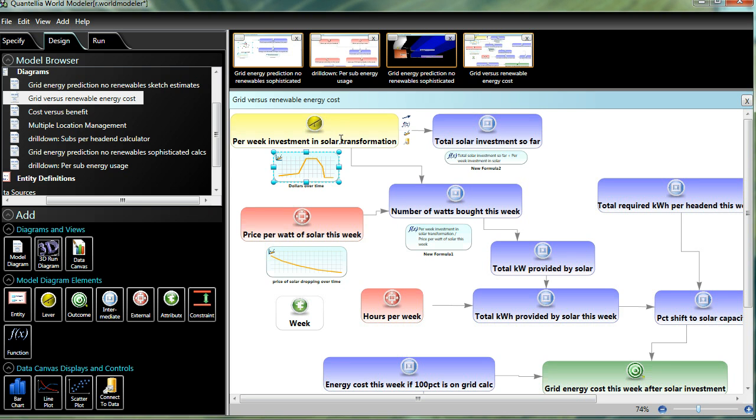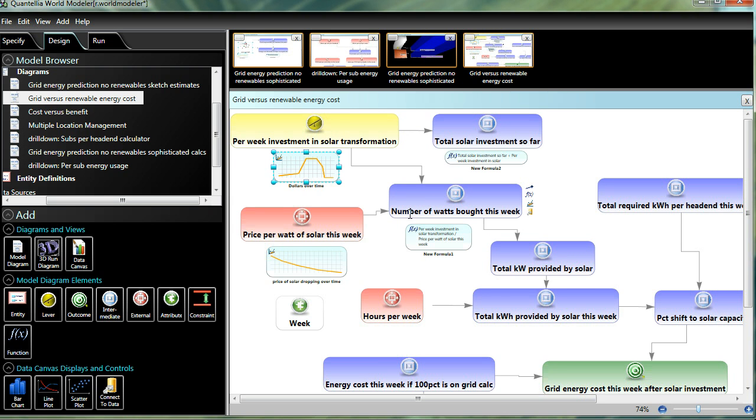So what I've captured here is a number called the total solar investment so far. And that's just going to be, I'm going to add up, each week how much we pay for solar, just so we can track that. The next factor here is the number of watts that's purchased in a given week.